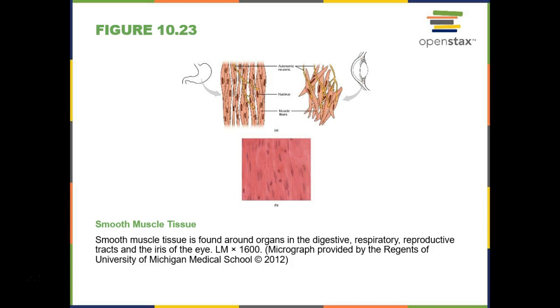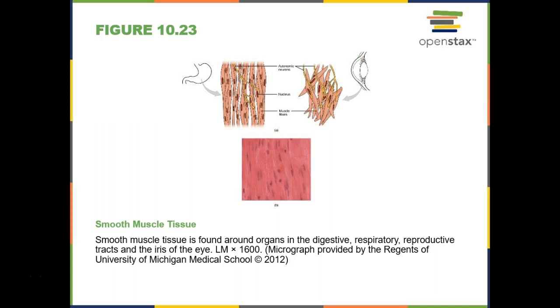Smooth muscle, on the other hand, we don't really have a specific system for. Smooth muscle is found throughout all of our organ systems. We have smooth muscle in the integumentary system that stimulates the hairs on our skin to stand up.